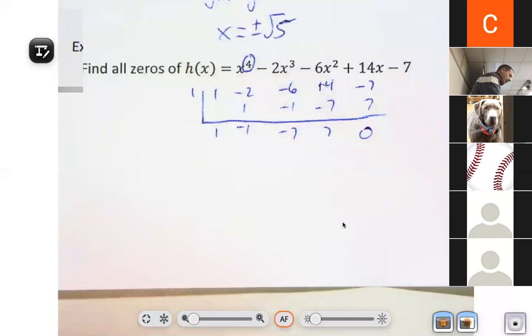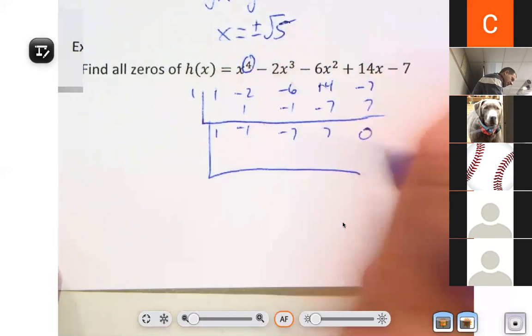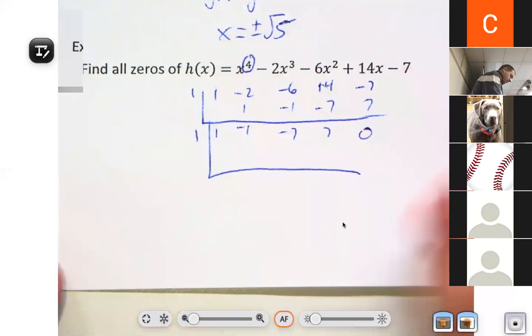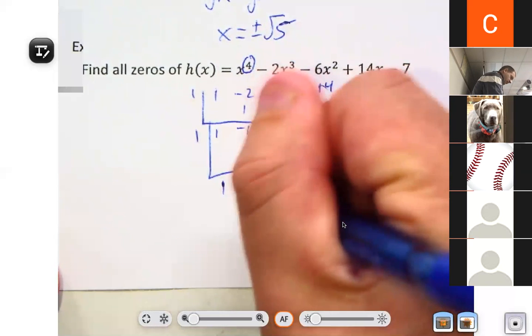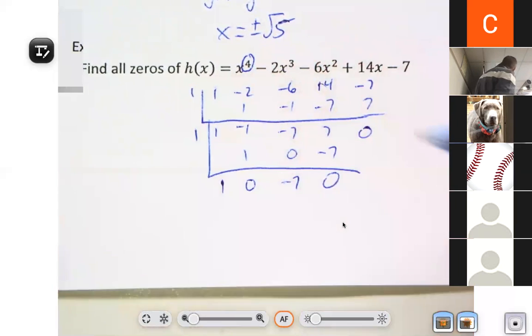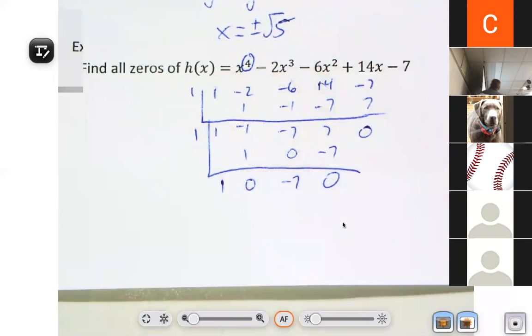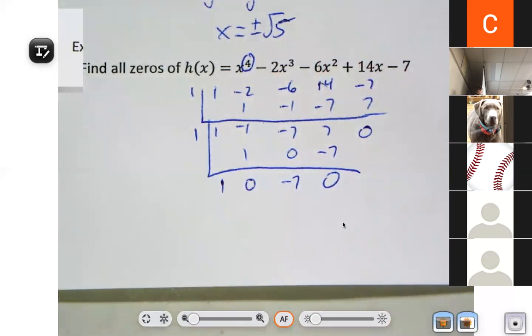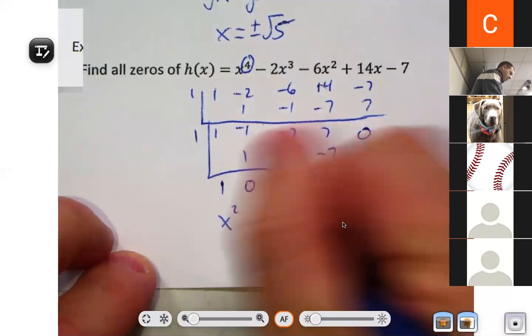So we're going to use 1 again to get this down to our quadratic. So we chopped it down, we divided again. This is now a quadratic, x squared minus 7.